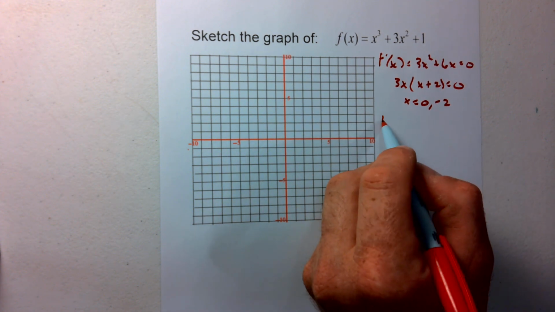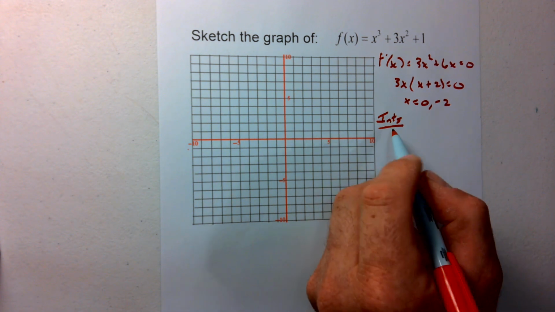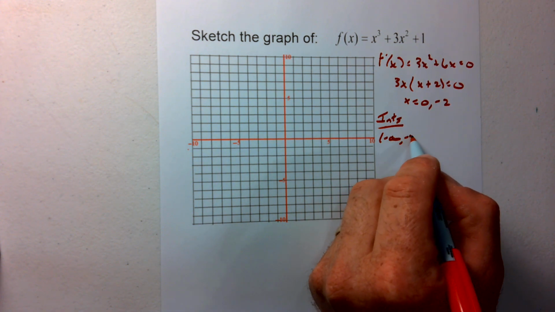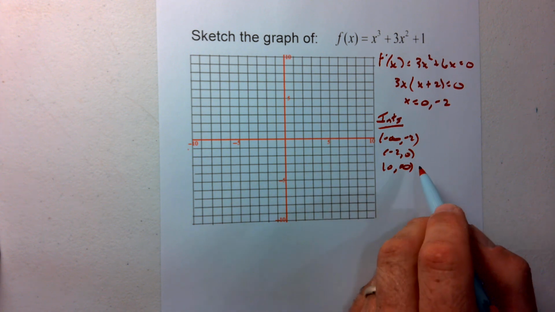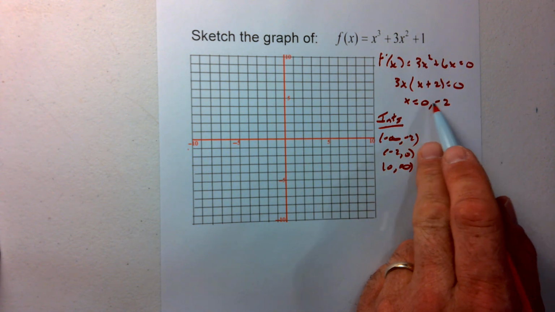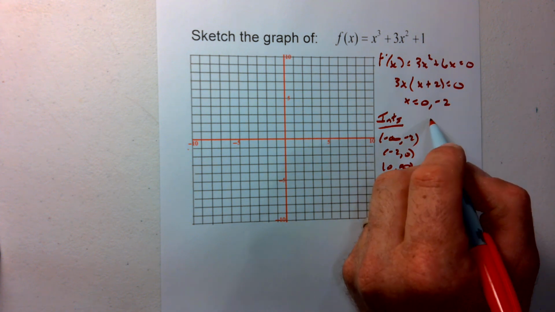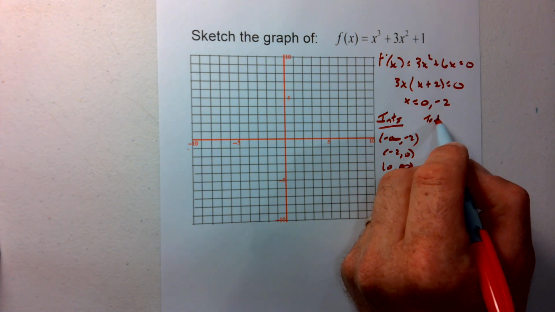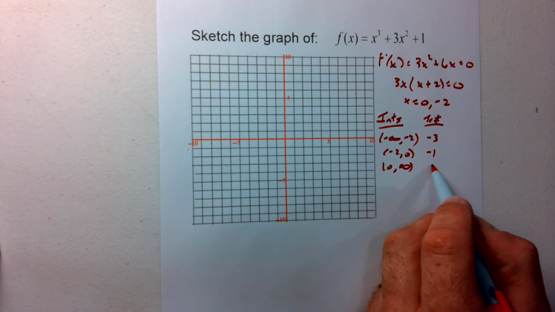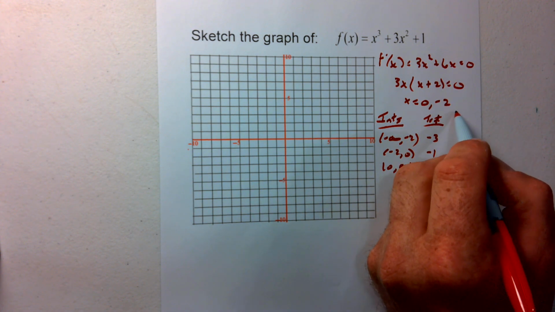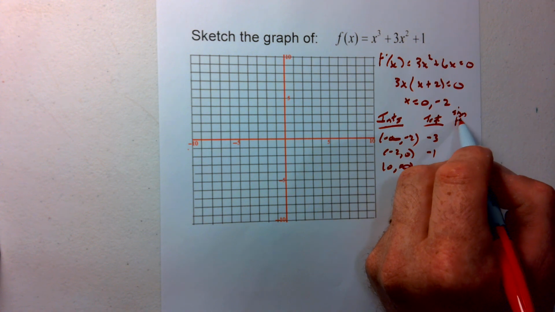Go ahead and do my intervals. So negative infinity to negative 2, negative 2 to 0, and 0 to infinity. Again, making my intervals about those x values. My test, I'm going to test negative 3, negative 1, and 1. And I'm looking at the sign of the first derivative.